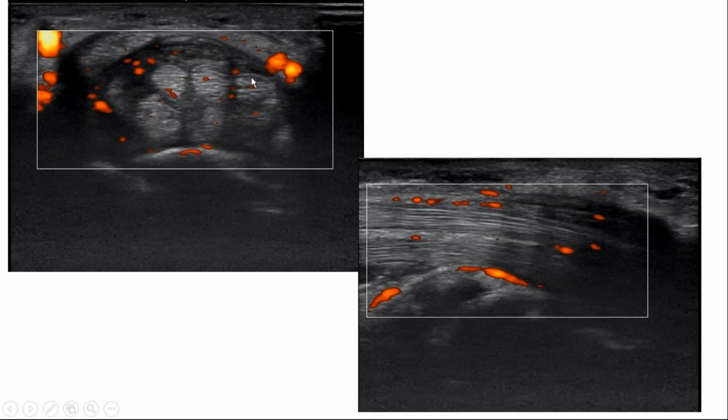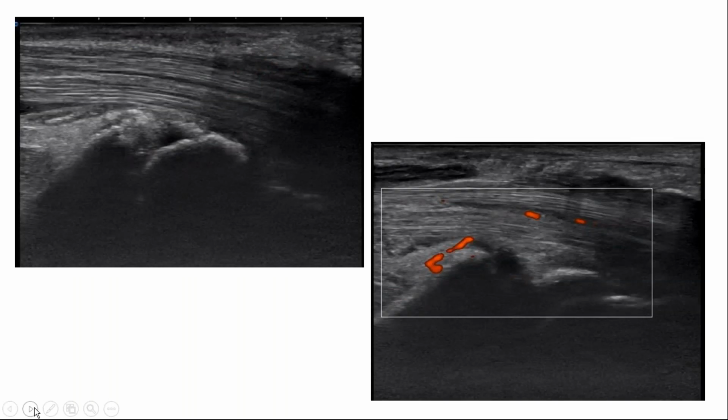Look at everything else other than the median nerve in the carpal tunnel. So that's the short axis and long axis view of the carpal tunnel. And also look at the joint here. If you have done some wrist ultrasounds, you know how the distal end of the radius looks, right? Sometimes these changes can be subtle, and you can overlook them.